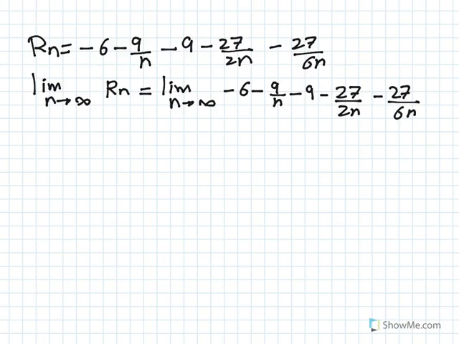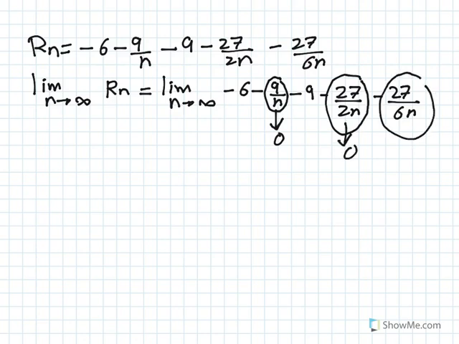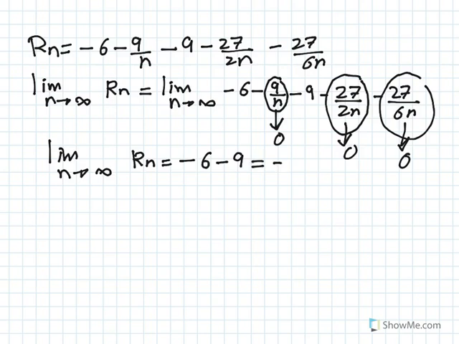Now, when we take a limit as n goes to infinity, it is clear that 9 over n will approach 0 because we have a constant being divided by a large number. Similarly, 27 over 2n will go to 0, and 27 over 6n is also going to go to 0. So the limit as n goes to infinity of Rn will be minus 6 minus 9, which is minus 15.